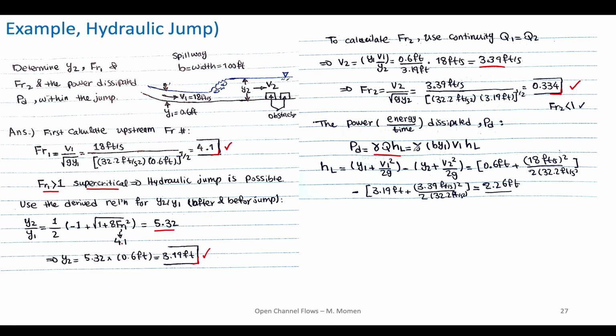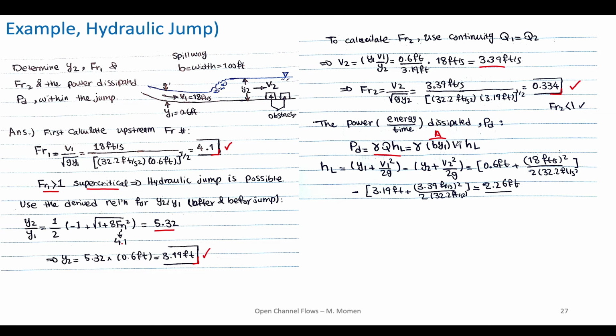And Q is VA, right? This is A, the area of the channel. So instead of Q, I just write V1 times A. B, the width of the channel, times Y gives me the area of the channel.